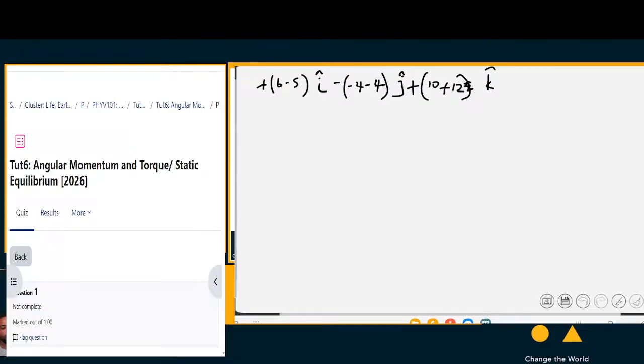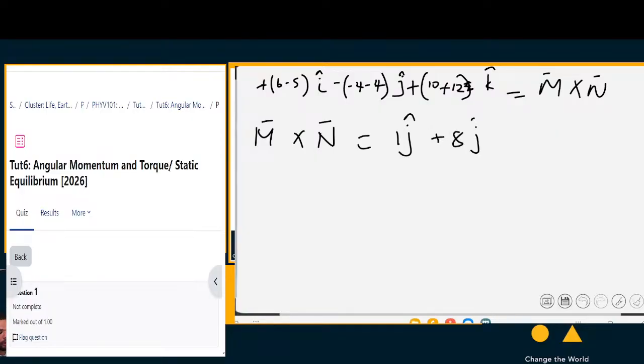You can go and make sure that is equal to M cross N. So M crossed with N is equal to 6 minus 5, which is 1 i hat, which we normally don't write the 1, but I'll write it in this case. Then it is -8 with the negative, so plus 8 j hat, and then 22 k hat.